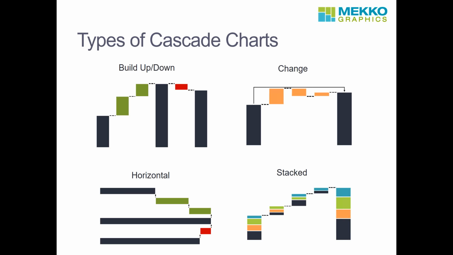We will talk a lot about change Cascade charts, which is probably the most common use of Cascade charts, to show how profits or revenues have changed over time and to break out the change into different categories. We'll also show you a horizontal Cascade chart and how to make it. And I'll answer the question that we often get from our customers, which is, can I make a stacked Cascade chart? And if so, how do I do that? So I will also show you how to make a stacked Cascade as well. So that's where we're going.